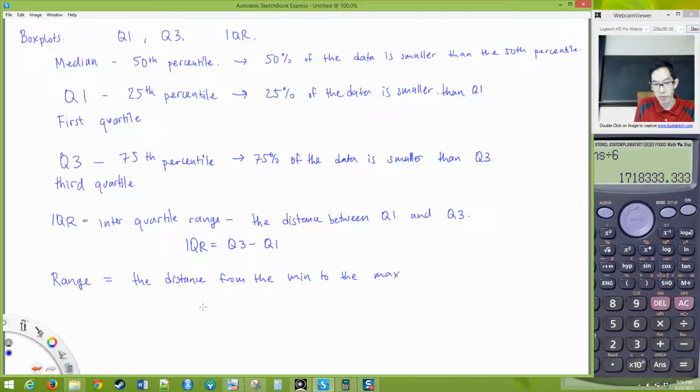Okay, so the range is max minus min, the biggest data point minus the smallest data point. Okay, range is obviously going to be affected by extreme points, data points or outliers that will define the range.